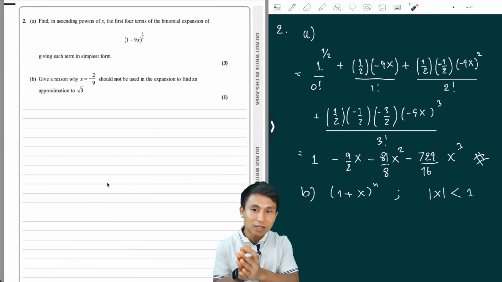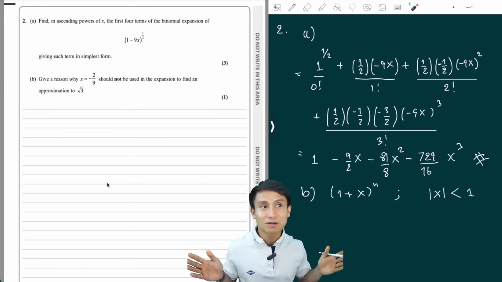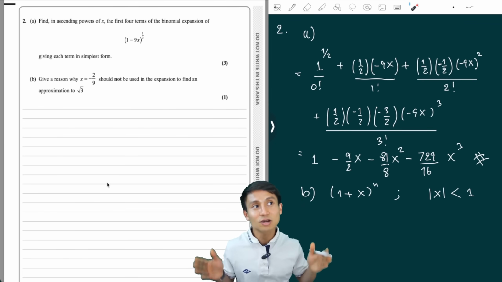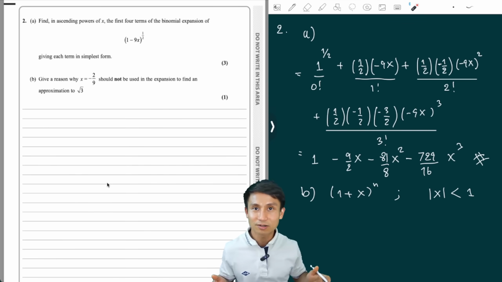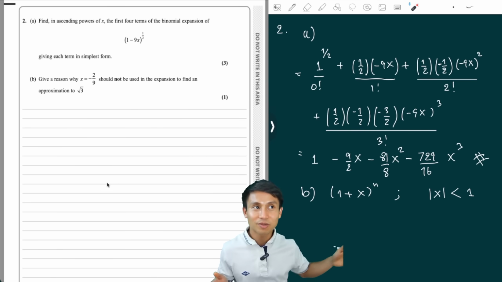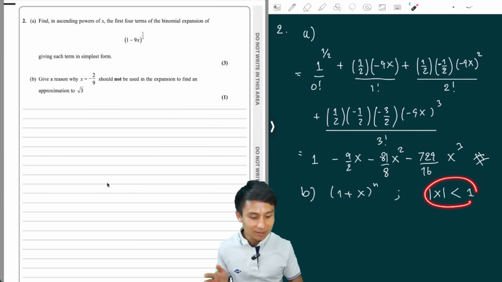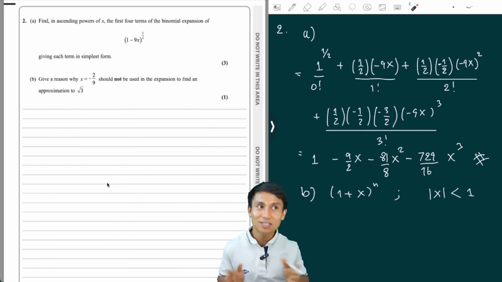So as you've already seen and experienced, usually we only expand up to the third or the fourth term, because that is already a good enough approximation, because we can cut the higher order x terms because they are getting smaller and smaller. They are getting smaller and smaller only because the second term here is smaller than 1.